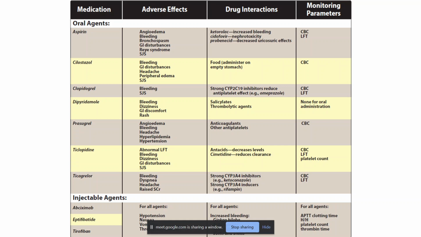The first group is antiplatelets that inhibit aggregation of the thrombocytes, and the second group is anticoagulant drugs, and these drugs prevent the coagulation of the blood.